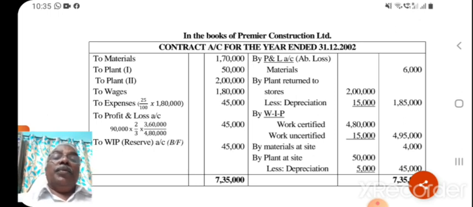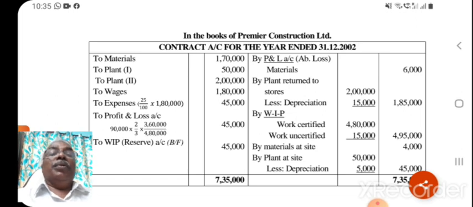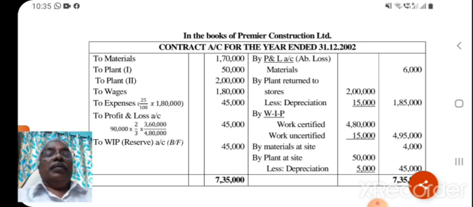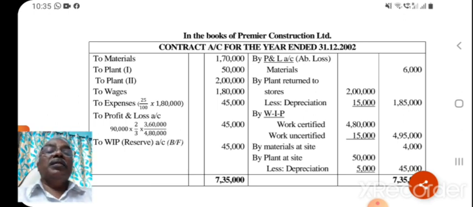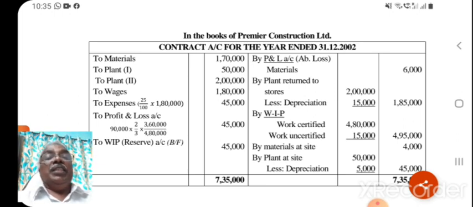Now the question is, what is the amount of profit that you can transfer to profit and loss account? 6 lakh is the contract price and work certified is 4,80,000. That means above 50% of the contract is completed. So the equation applicable is two-thirds of the notional profit should be transferred.